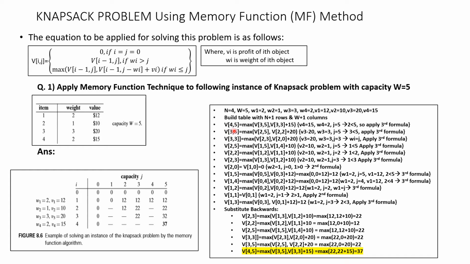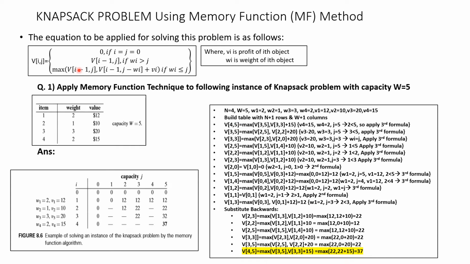So V of 4,5 is equal to, since the corresponding W, 2, is less than J, we apply the third formula. Here I is 4, J is 5.